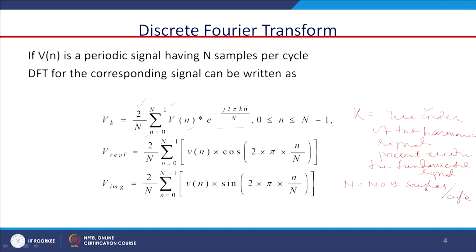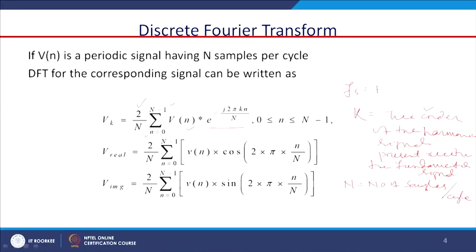We have discussed in our WAMS technology class that we sample the signals at a particular sampling frequency. The sampling frequency is Fs. So, if our fundamental frequency is 50 hertz, our fundamental time period will be 20 millisecond.